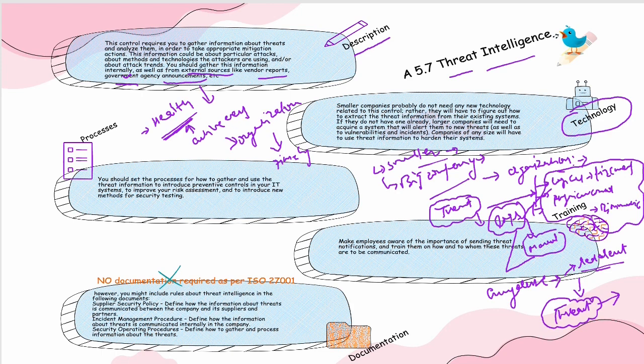Now larger companies need to acquire a system that will alert them to new threats, as well as vulnerabilities and incidents. Companies of any size will have to use threat information to harden their systems.